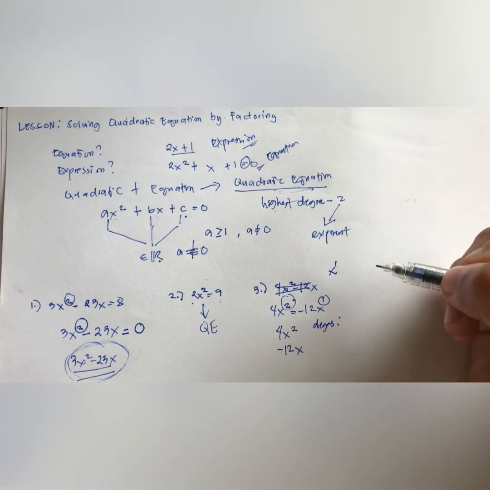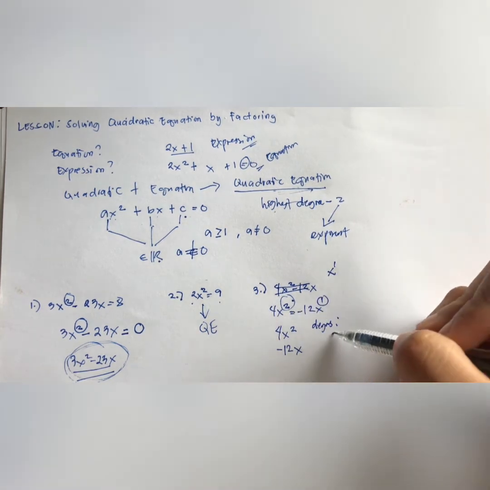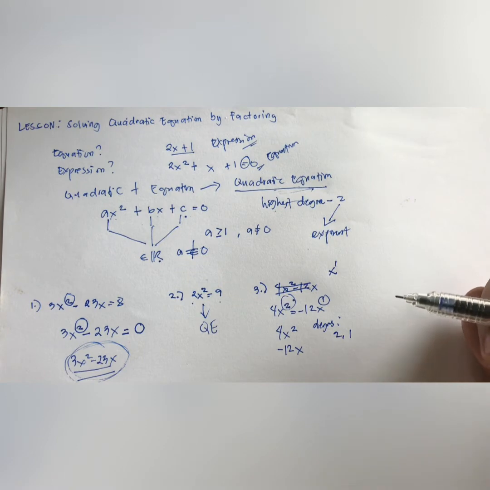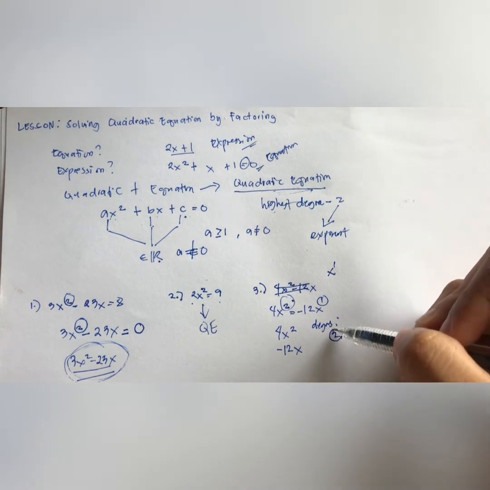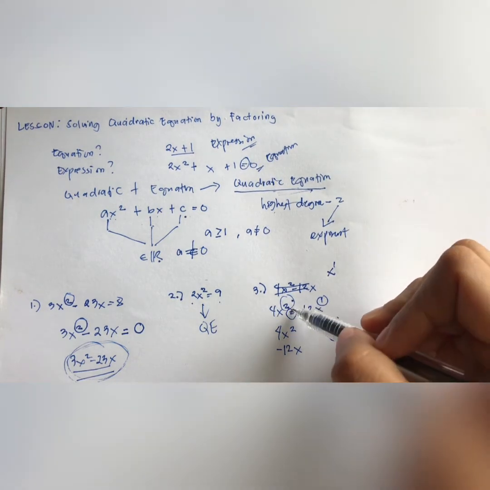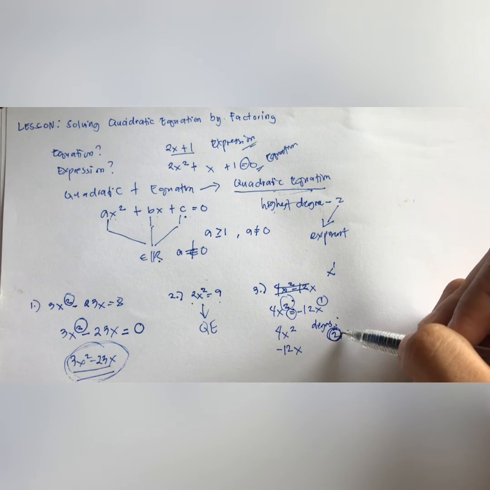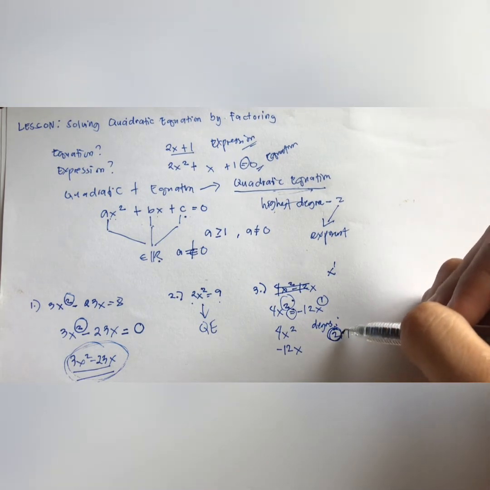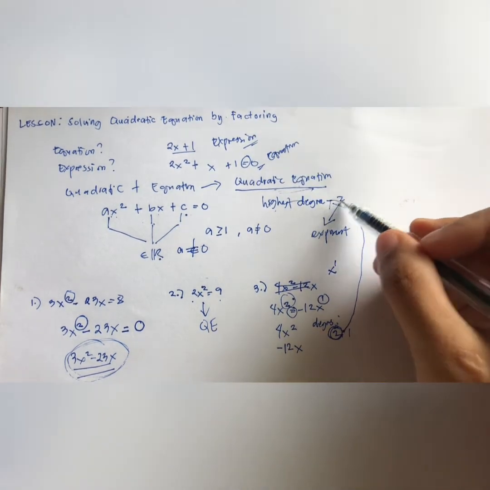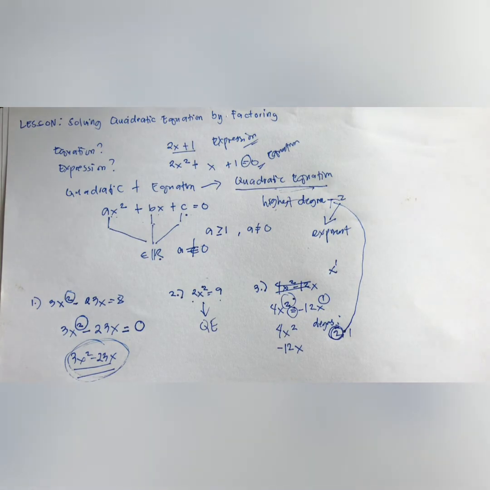So no need to write that 1. We have our degrees 2 and 1. So what is the highest exponent or degree among them? That is 2. Now, since we have an equal sign and an exponent of 2, which is the highest among all terms, therefore, we can consider this equation as a quadratic equation.